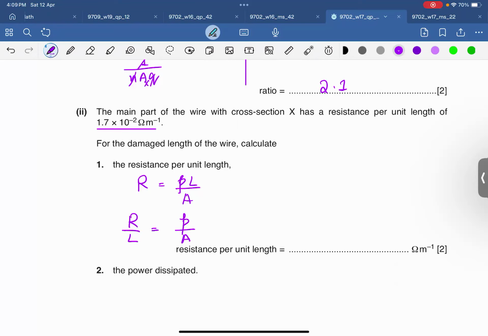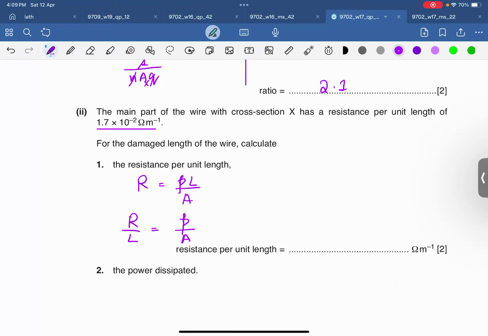Clear? So for the damaged length of the wire, calculate. So the resistivity is 1.7, resistance per unit length.